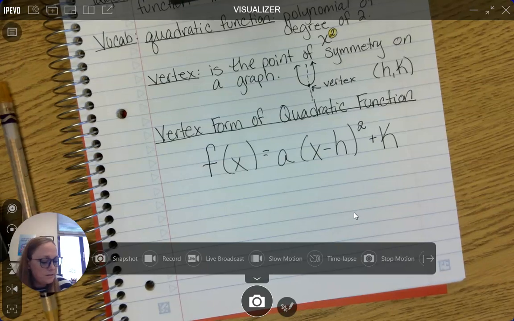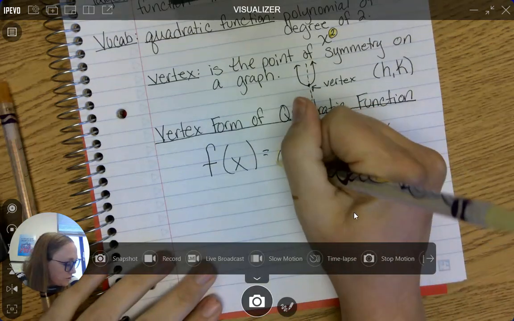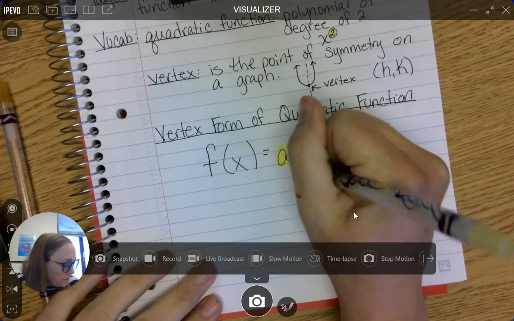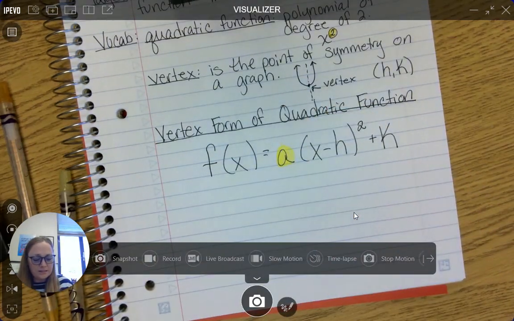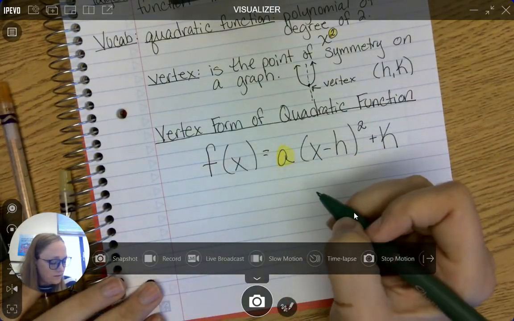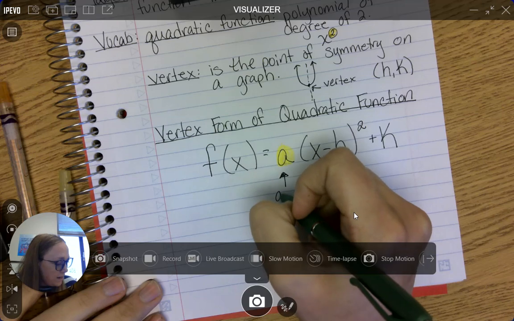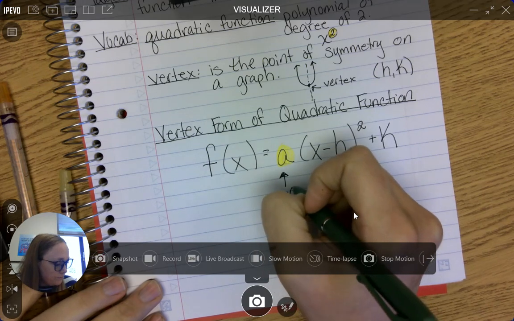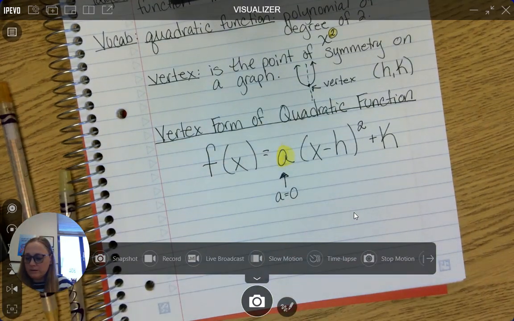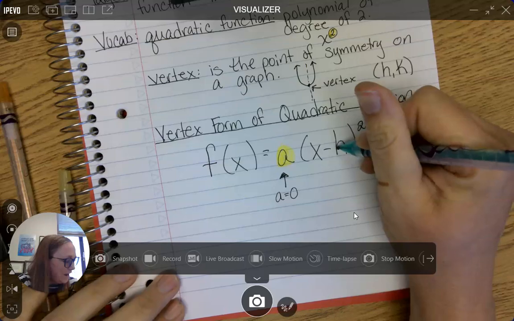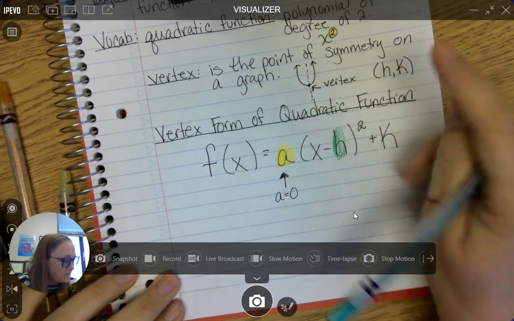So there's a few things that we need to take note of, and I like to color code. I am a color coding person. So what we're really looking at here is that a is going to stick out. It's very important. It's going to give us some information here, but when we're looking at vertex form, a cannot be equal to 0. Next, the h is very important here, because that's our vertex.